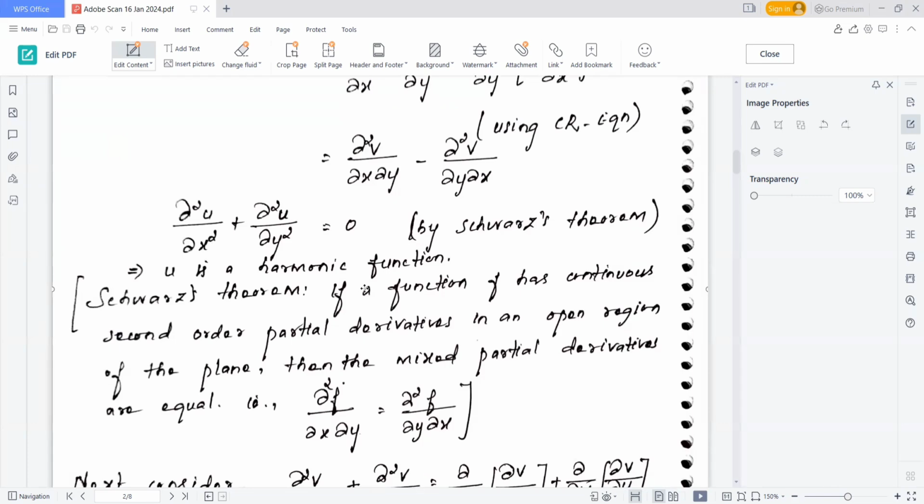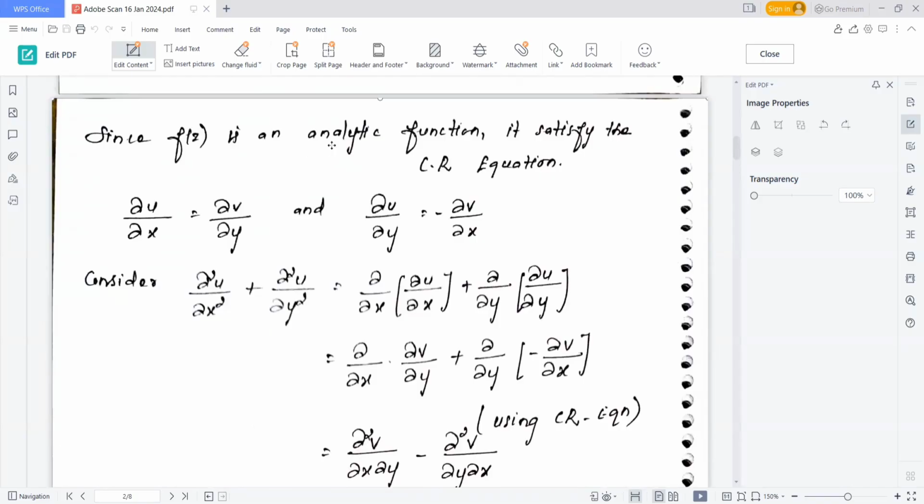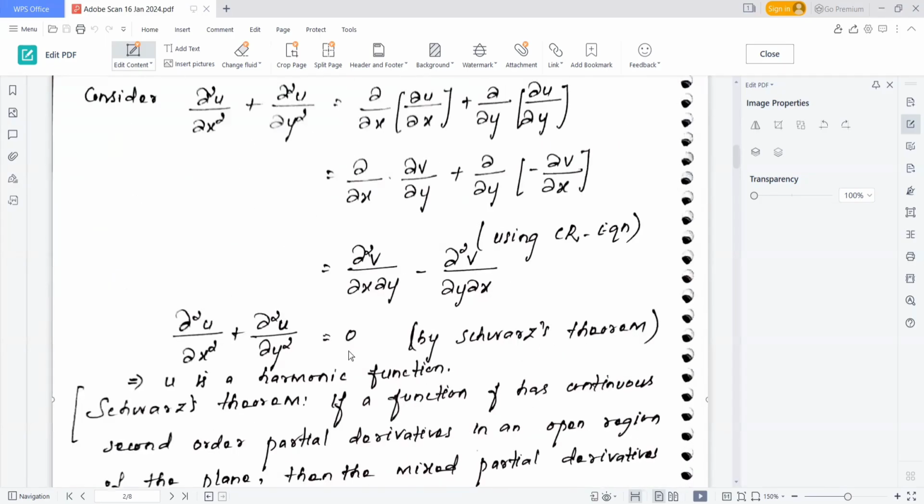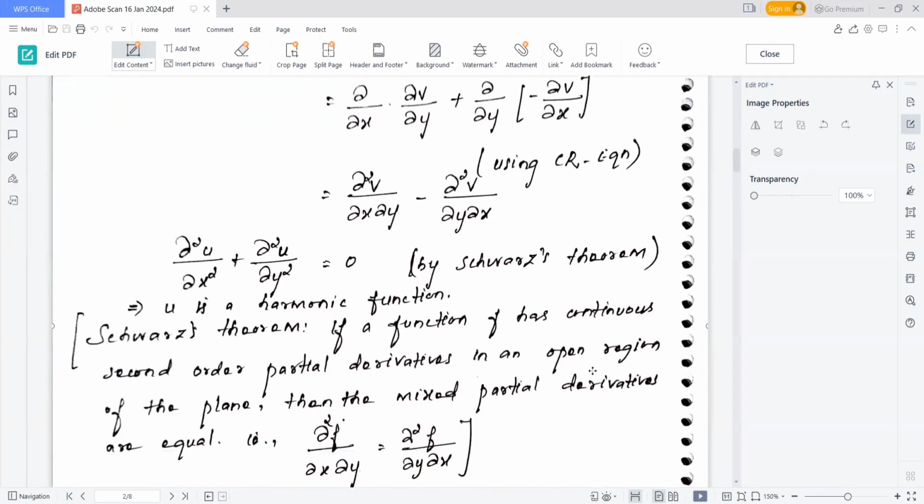Using analyticity, we can say that the first order partial derivatives are continuous. Also, we can say that second order partial derivatives are also continuous. If this is true, then the mixed partial derivatives are equal. That is, ∂²f/∂x∂y is equal to ∂²f/∂y∂x. So using Clairaut's theorem, we can say that these two values are equal.